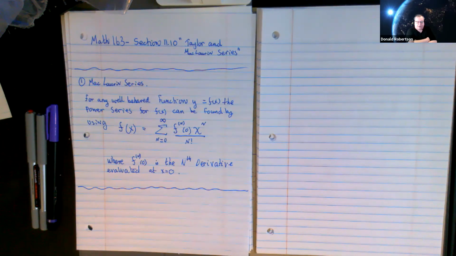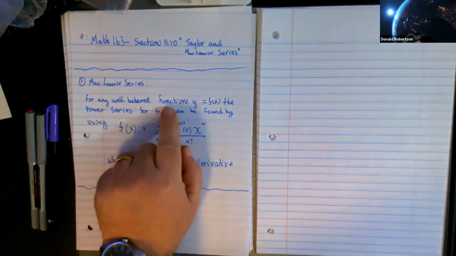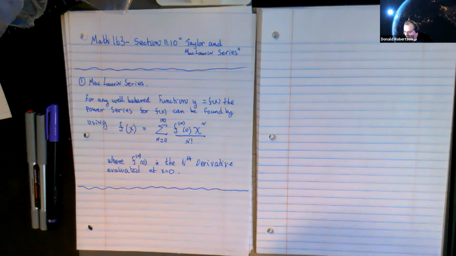And what Maclaurin discovered was exceptionally cool, in my opinion. He found out that if you have a normal, well-behaved function, so we're talking about every kind of function that you're likely to meet that doesn't have too many weird things going on.